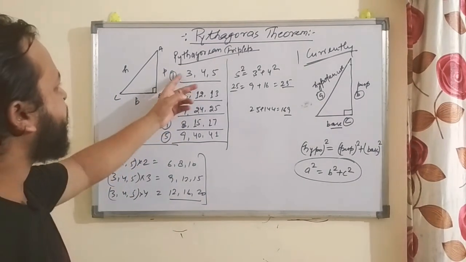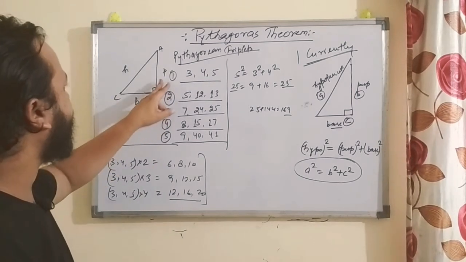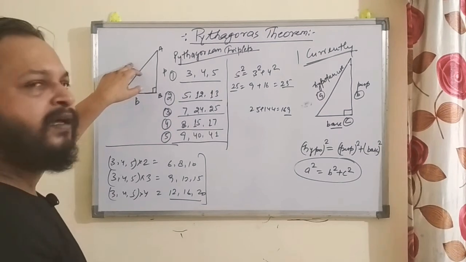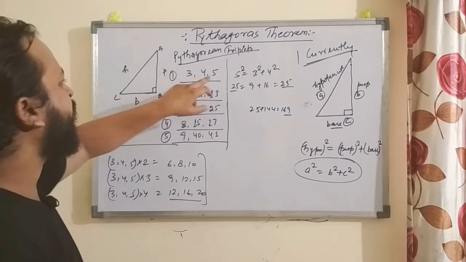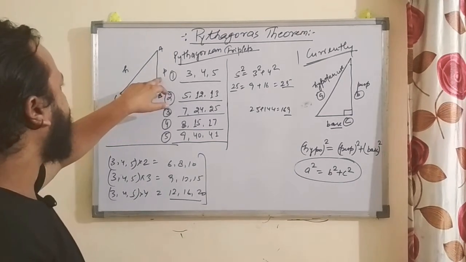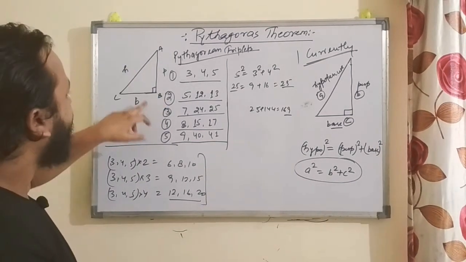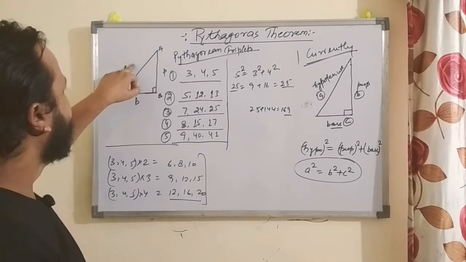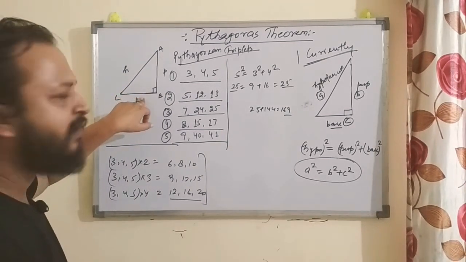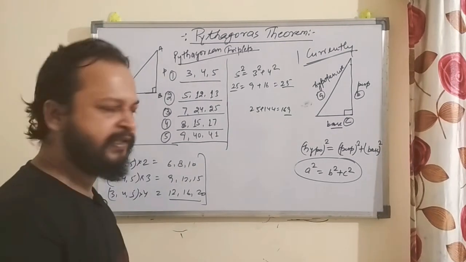Sometimes they have given the values as 3 and 4, so if you remember that, you easily know that this is 5. If you remember, then this is 7, this is 24, this must be 25. If it is given that this is 17, this is 15, it must be 8. So this way you can use this.